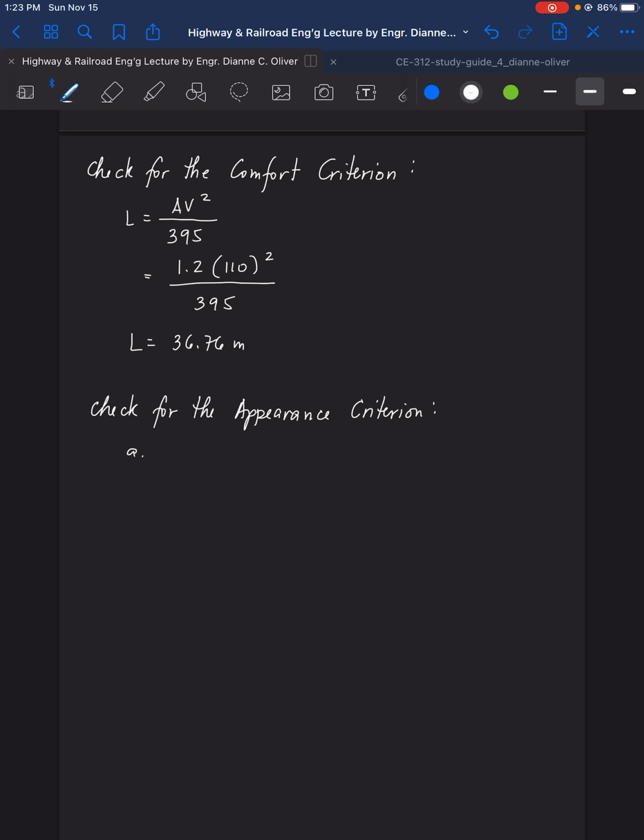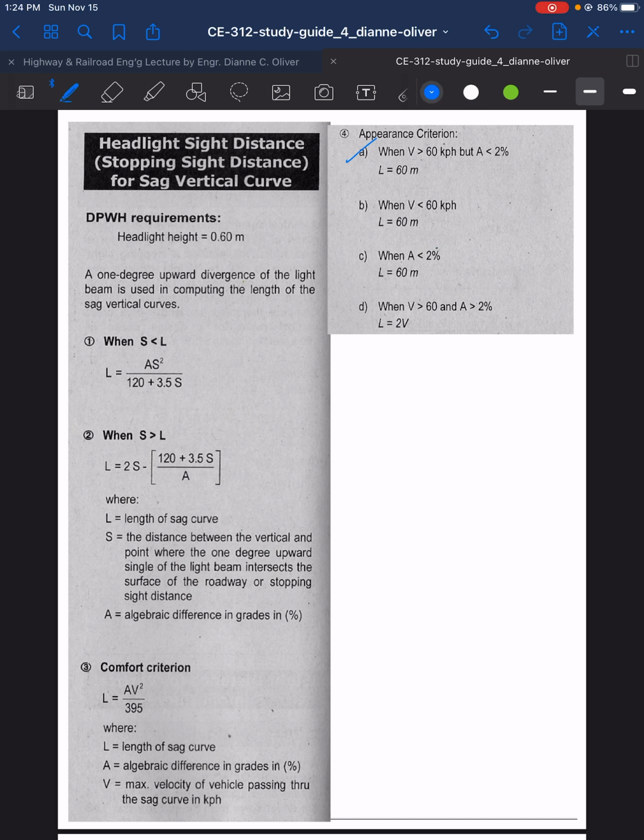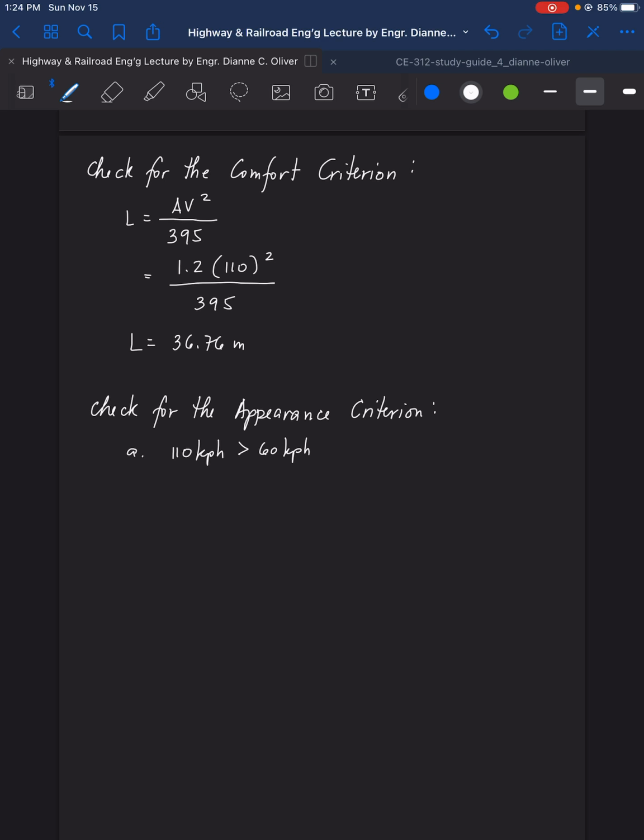So for appearance criterion letter A, we have there 110 kph is greater than 60. Okay, that is correct. Next, it says here A is less than 2%. So our A here is 1.2. So 1.2% is less than 2%. Okay, that is okay. So it fits for A. Therefore, L is equal to 60 meters.